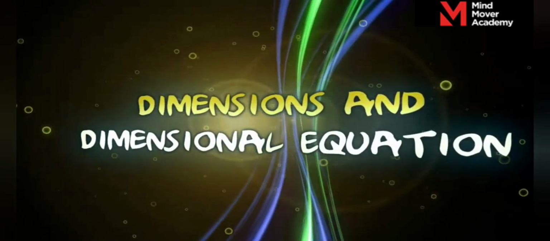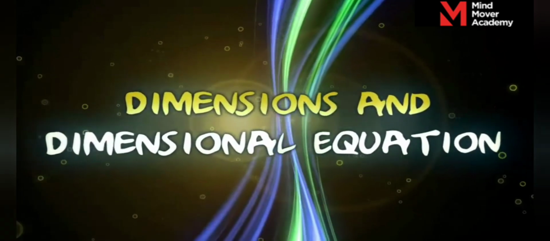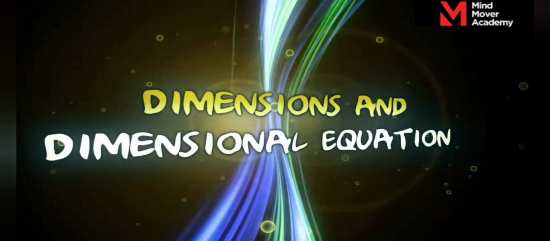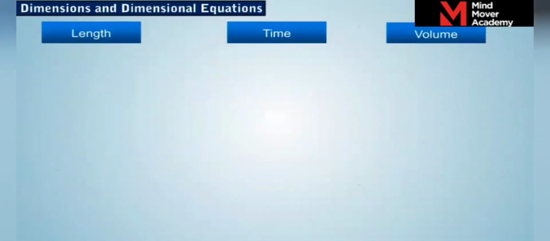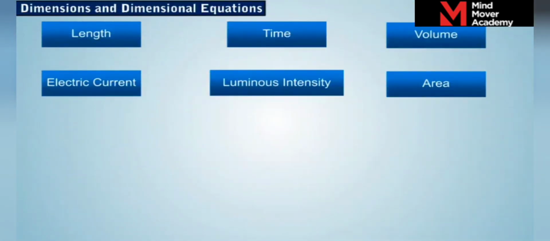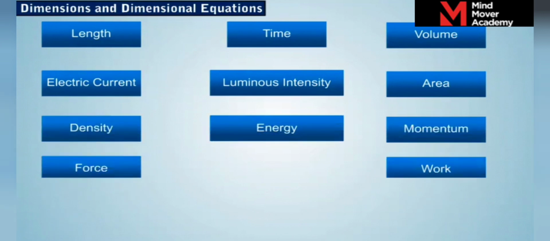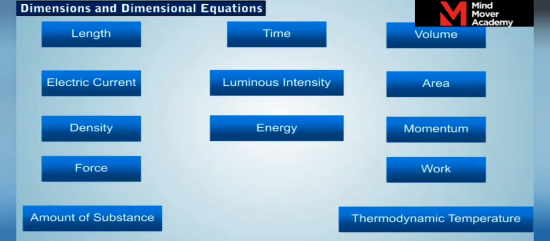In this module, we will be learning about dimensions and dimensional equations. We learned earlier about different physical quantities, of which 7 are considered fundamental according to the SI system of measurements, while the others are derived physical quantities.